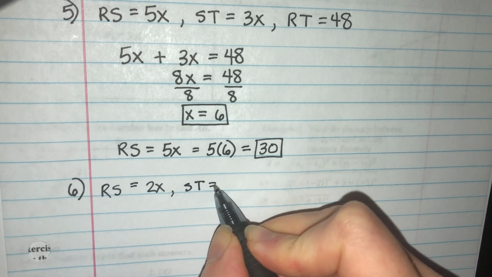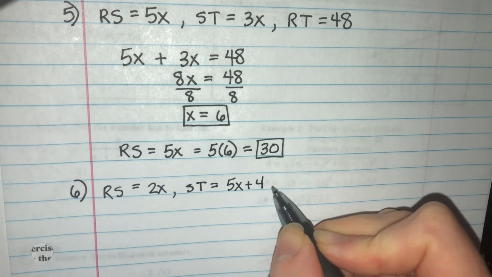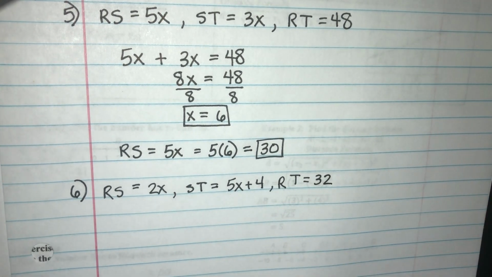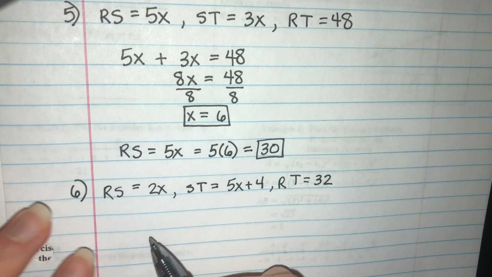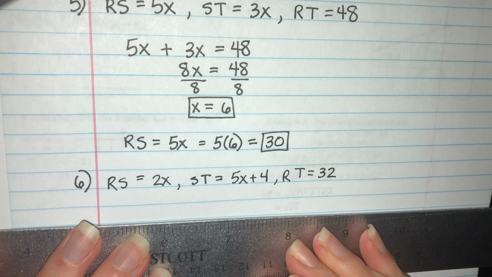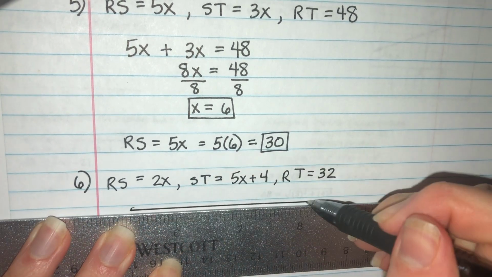ST equals 5x plus 4, and RT equals 32. So this problem is very much like number 5, except for when we fill in our values, the ST is a little bit more involved than it was on problem 5.